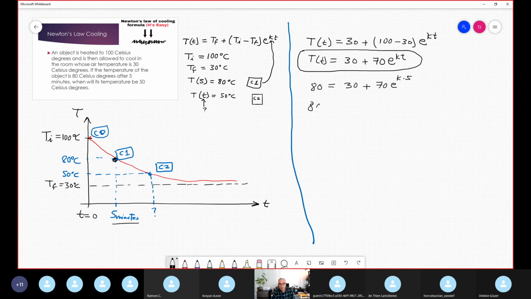Subtracting, 80 minus 30 is equal to 70 e to the 5k. I like to put the numerical coefficient in the front, much better for me. It's 50. Now divide by 70 on both sides. So we cancel out that 0.